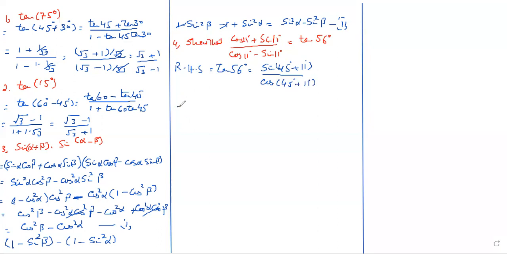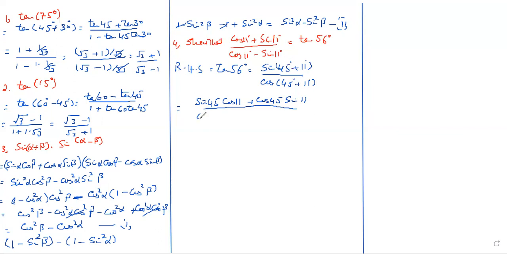So just solving the numerator, sine A plus B is sine A cosine B plus cosine A sine B, so sine 45 cosine 11 plus cosine 45 sine 11. Okay. And again, for the denominator, this is a plus, so it would be minus there.